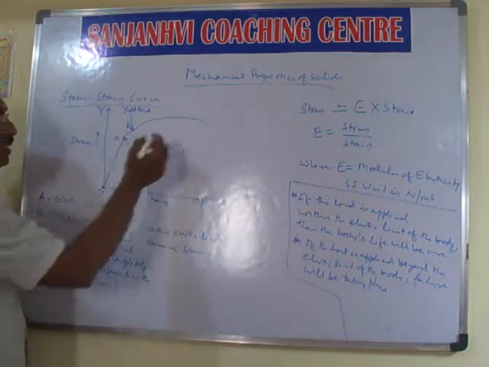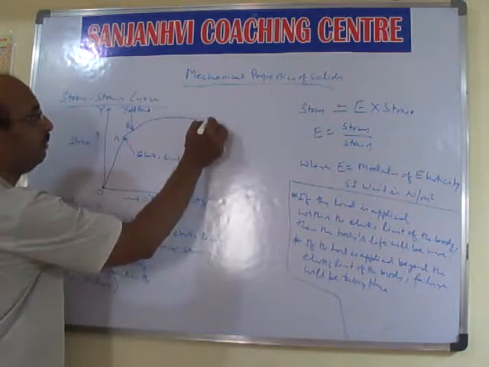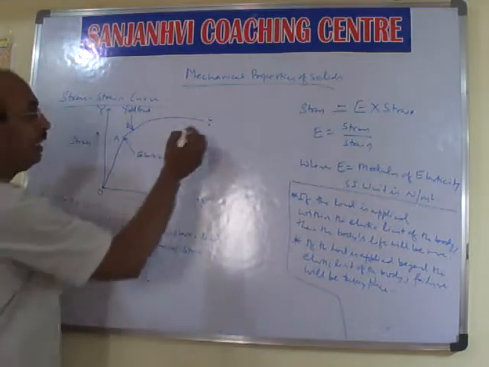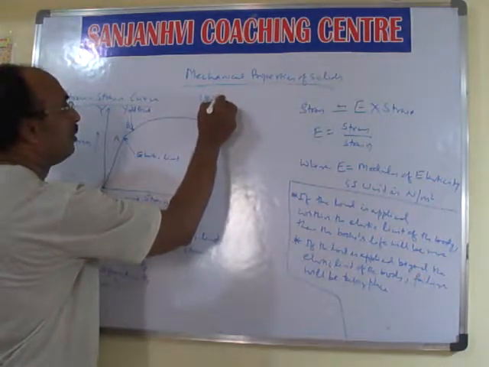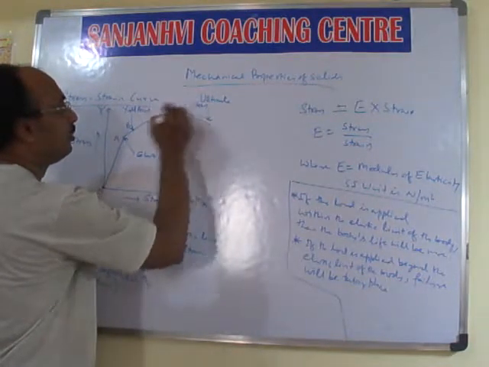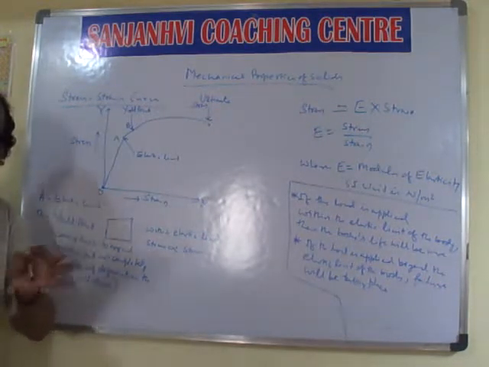At some particular point, you can say this is some point C, this point is called ultimate point, ultimate stress. Ultimate stress means its maximum value is reached.